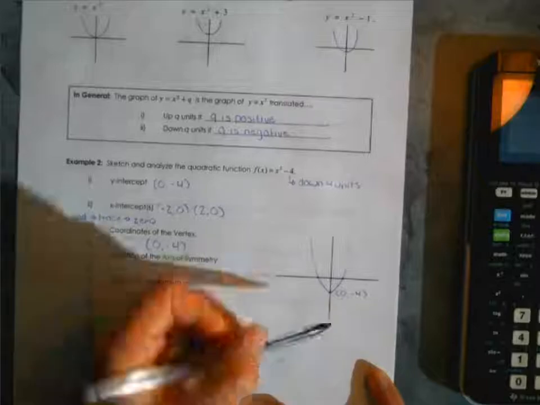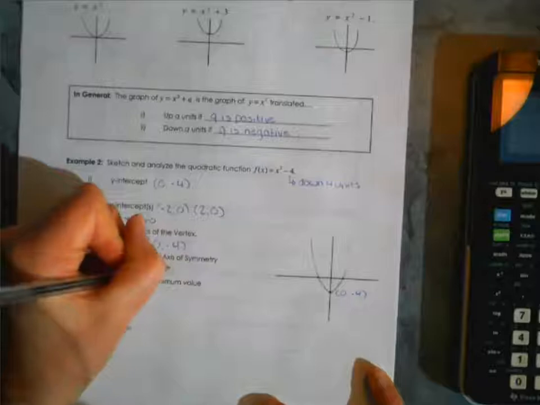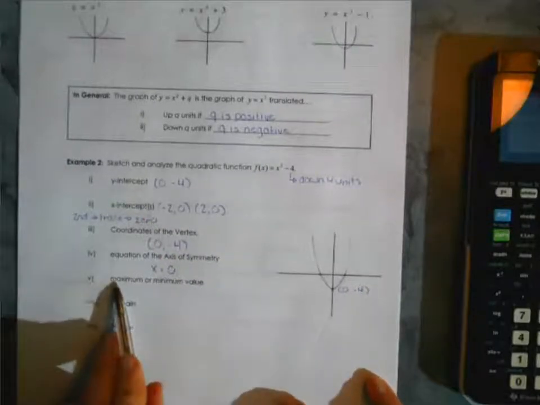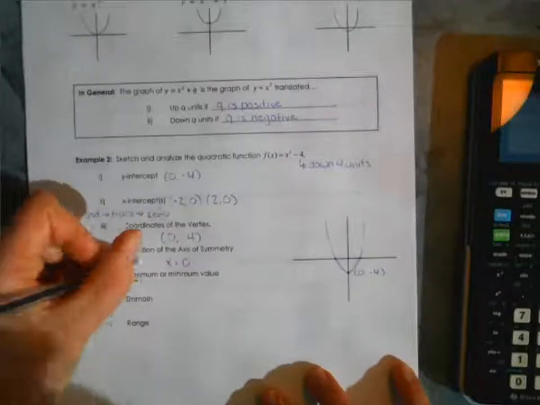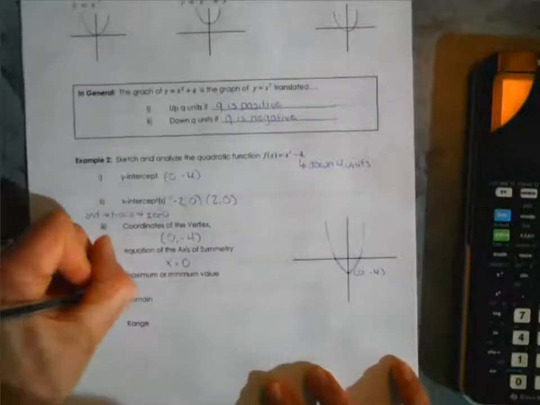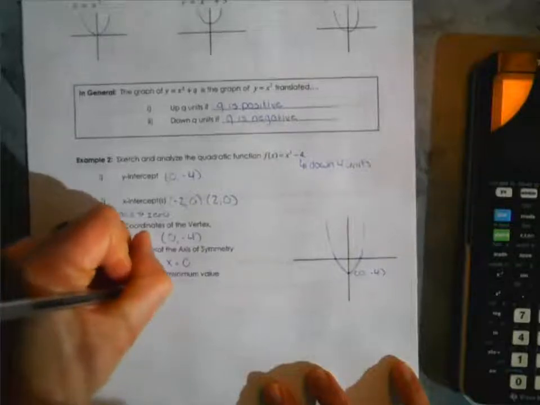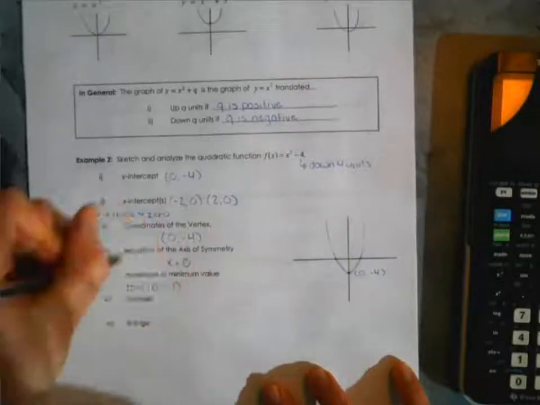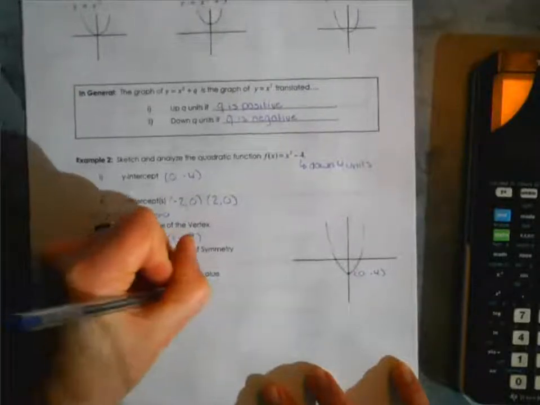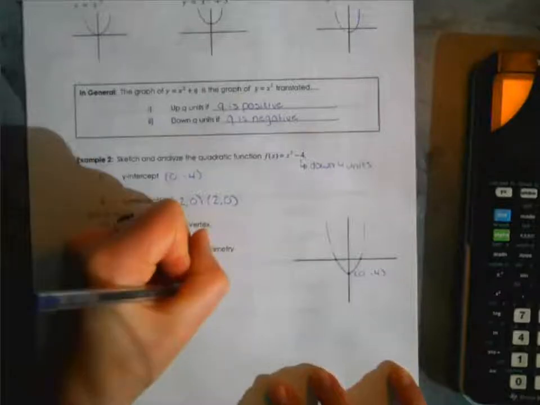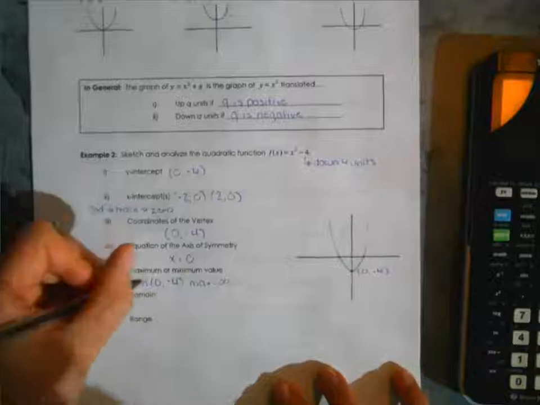What is the equation for the axis of symmetry? Again, it's centered around x equals 0, so we can say x equals 0. In this case, it's going to have a minimum value of -4. Of course, the maximum would be infinity again, because it goes upwards indefinitely.